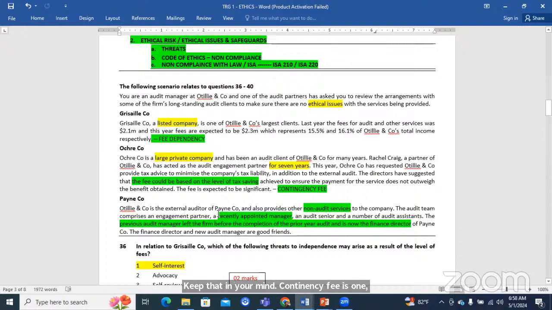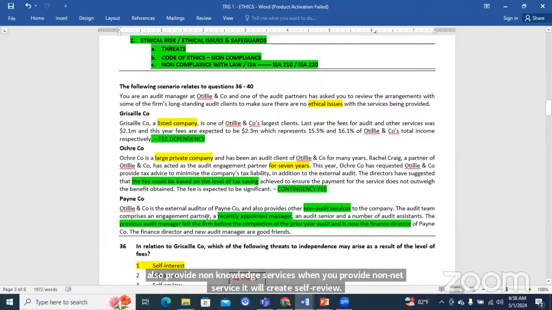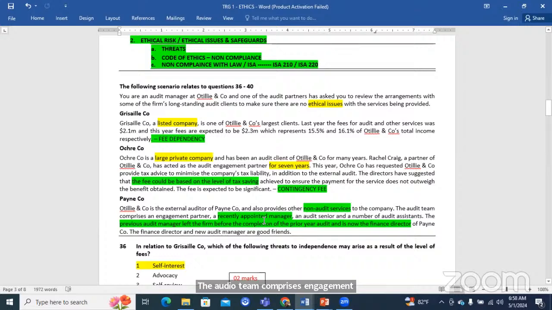O company is an external auditor and also provide non-audit services. When you provide non-audit service, it will create self-review threat. The audit team comprises engagement partner, recently appointed manager, audit senior and number of audit assistants. A manager is appointed recently, so his competency level is low. Because manager only lead the team, partner is not involved in the day-to-day work with the audit team.